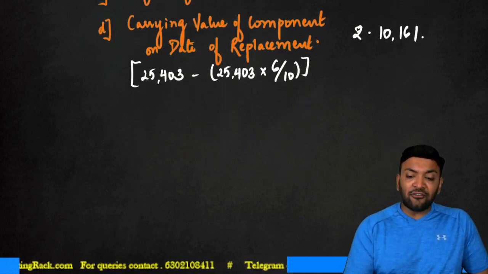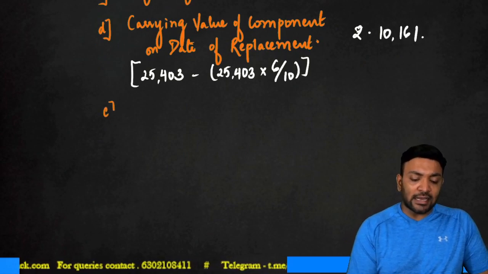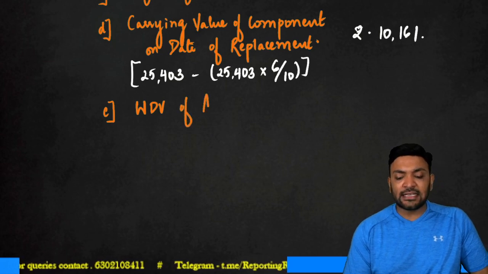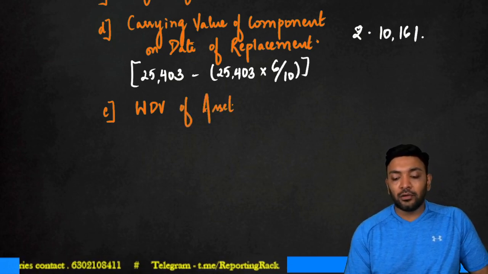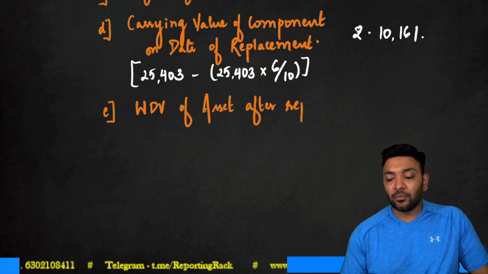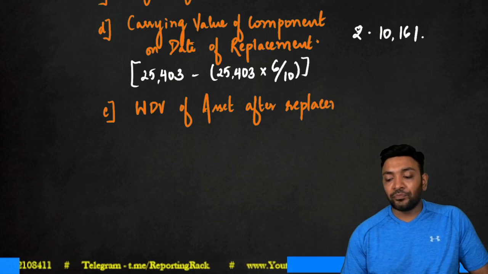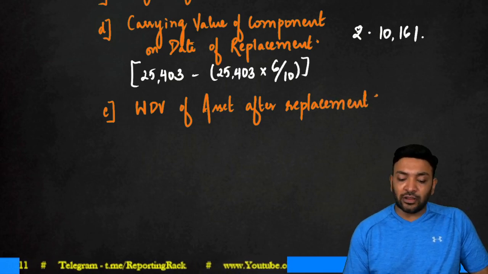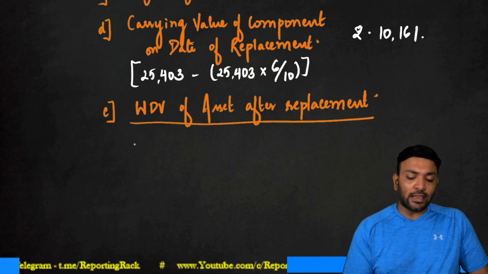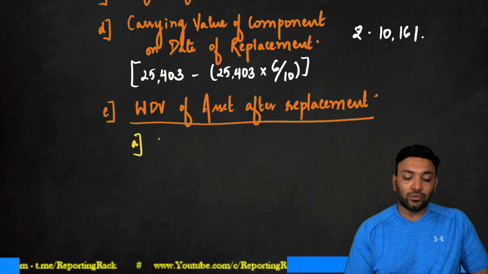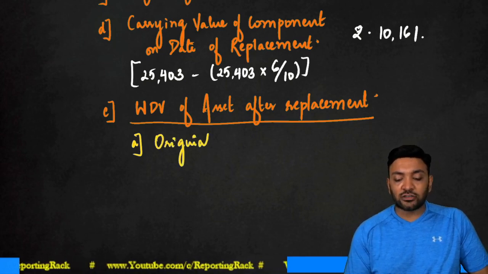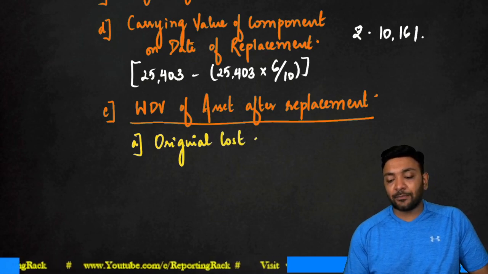Now, if I have to calculate the WDV of the asset after replacement, we should go like this. First, start with the original cost of the asset.